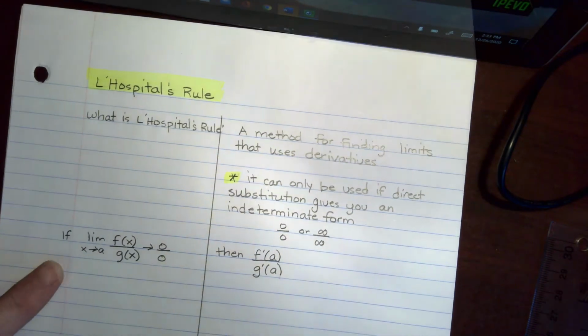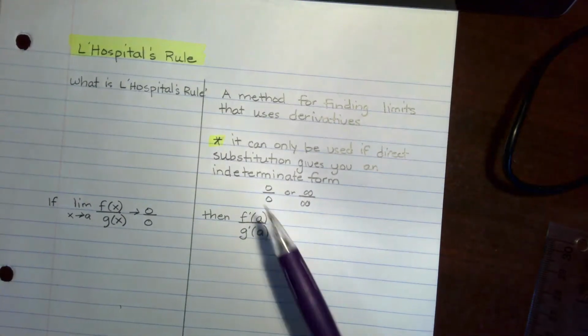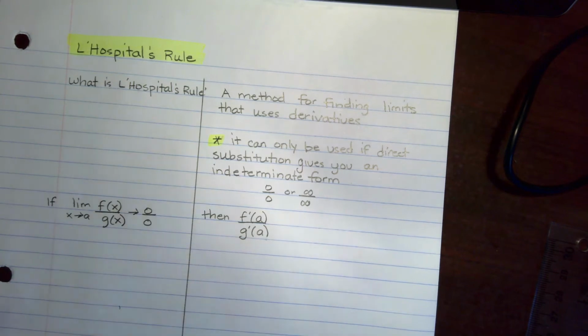So basically all it's saying is that you just take the derivative of each of these as separate functions, and then you find that value right there. That's kind of it in a nutshell, but I'm going to show you how we want to set that up when we're doing it in a problem.